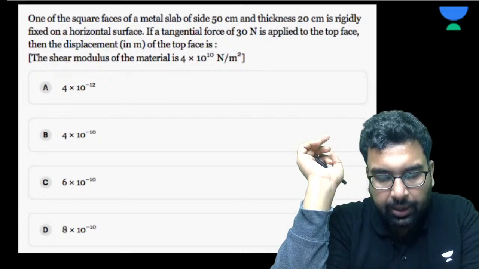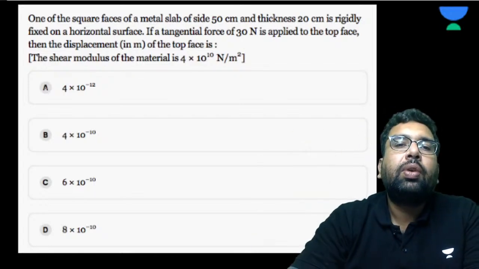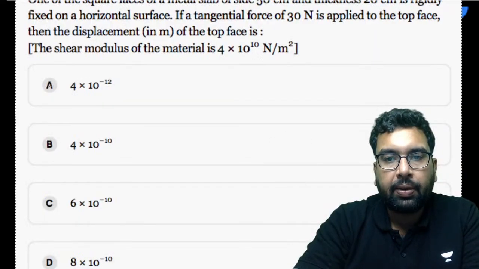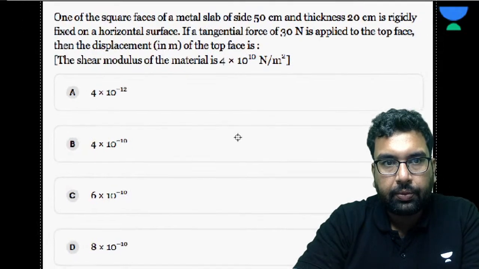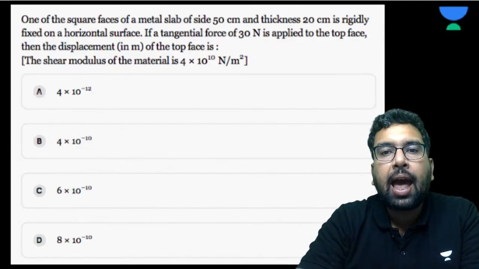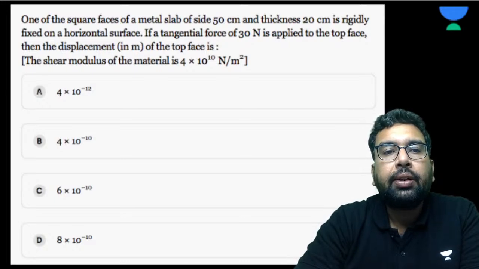Okay, cakewalk. Let's see. It says one of the square faces, so I'll just copy it here. Right. Now see, one of the square faces of a metal slab of side 50 centimeter and thickness 20 centimeter is rigidly fixed on the horizontal surface.